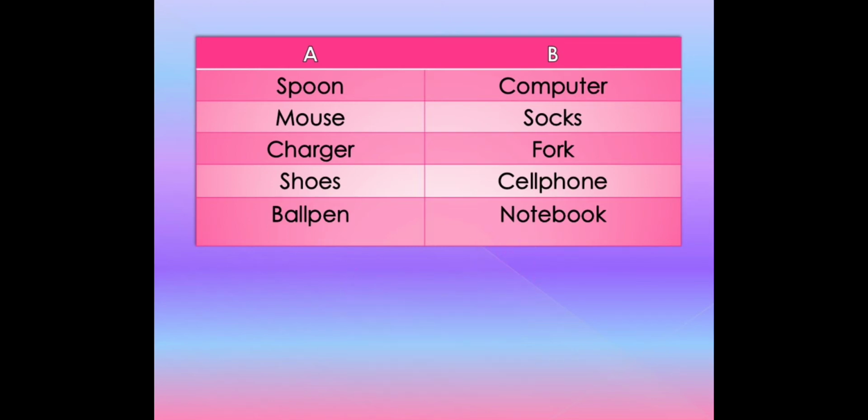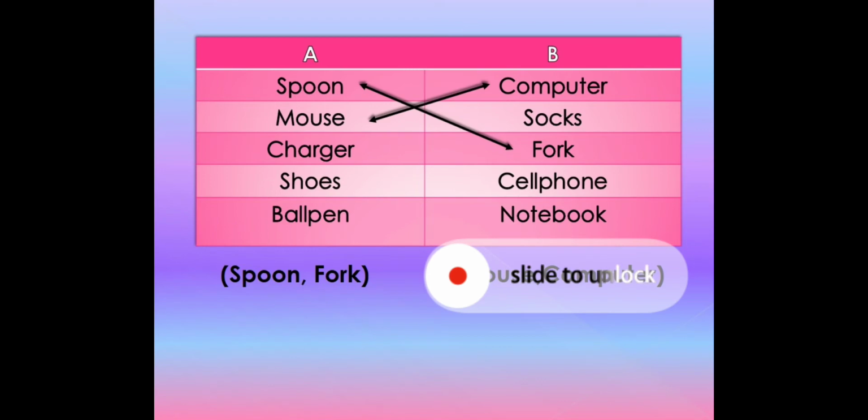Now let's check your work. Let's start with the first ordered pair. So what is the first ordered pair? Correct! We have a spoon and fork. How about the next one? You're right. We have mouse and computer.